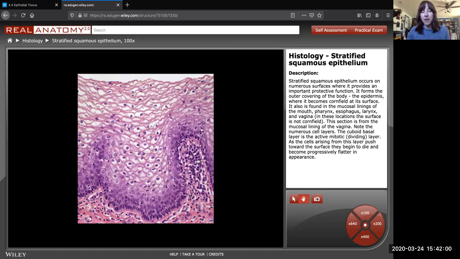The blood supply is down here with the connective tissue, right? Because epithelial tissue is avascular, that blood supply is feeding the cells that are actively dividing. And as the cells actively divide on the basal layer, they push all of the other cells up towards the apical layer. These ones die and slough off, right?